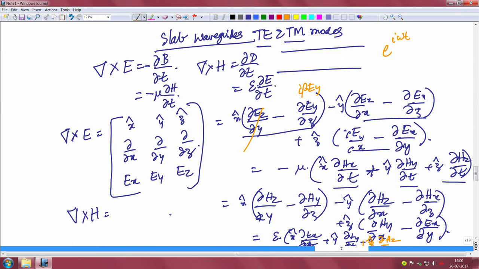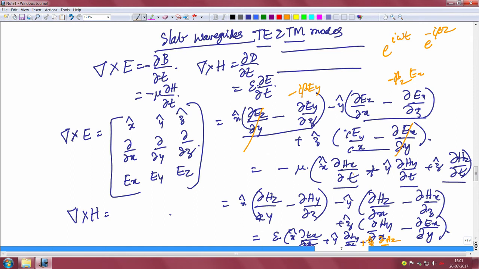I omega t is the time variation, e power minus I beta z is the z variation, so we can say minus I beta. Similarly, Ex also can be replaced with e power I beta z, and the x component and y component here, and here also the y component can be deleted.